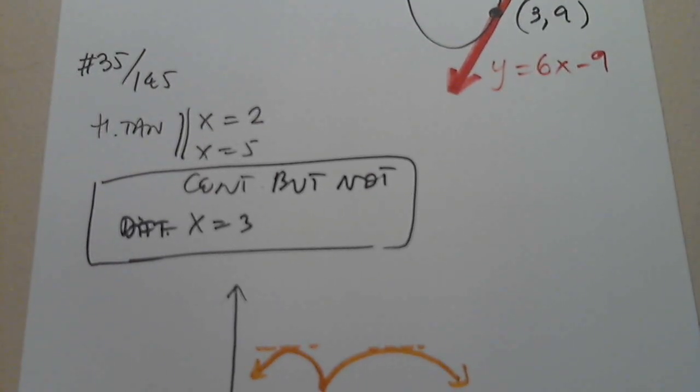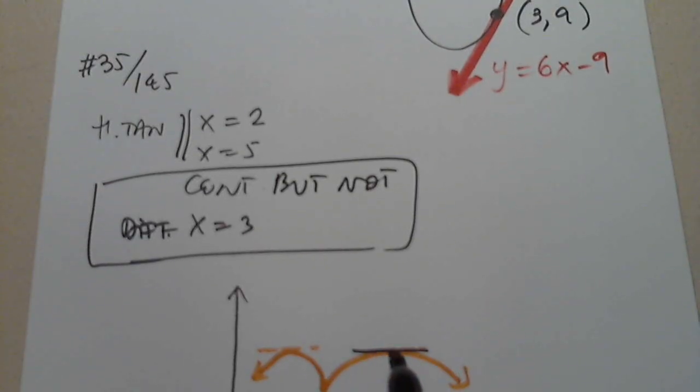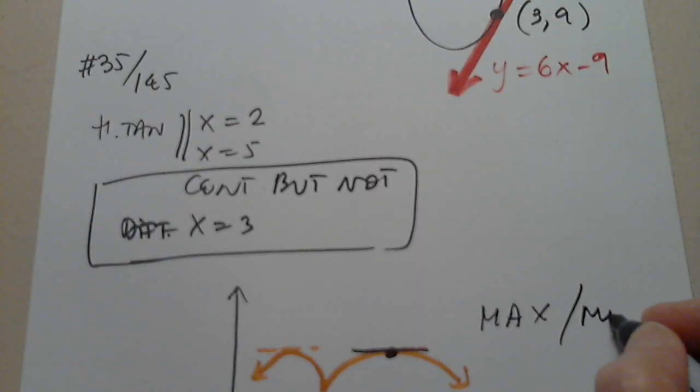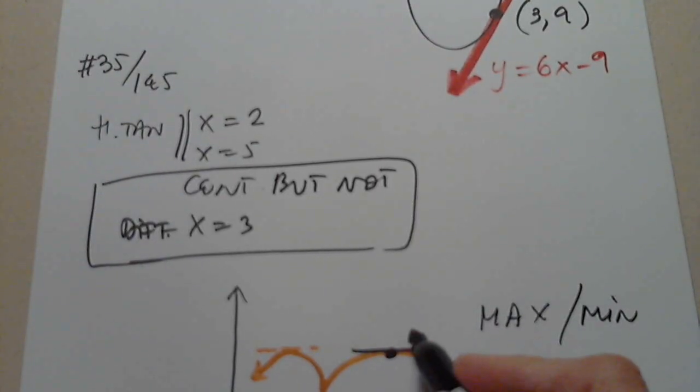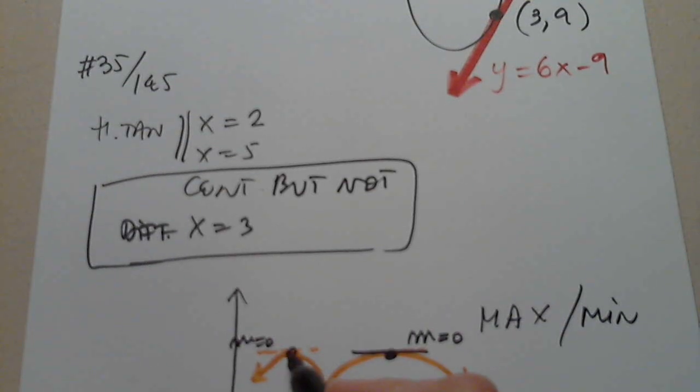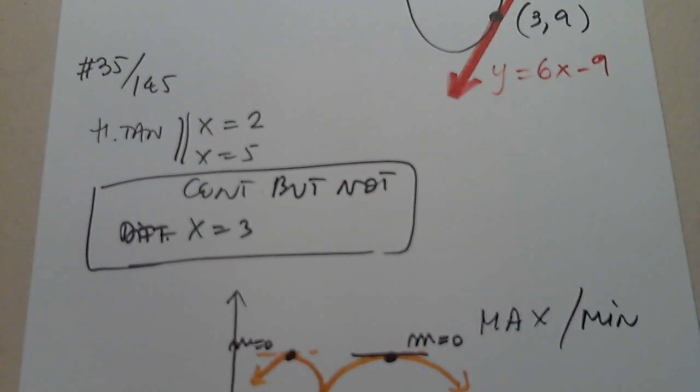A horizontal tangent means the function either has a max or a min. So the slope here is 0. The slope here is 0. As you see, I graphed a function with a max at 2 and a max at 5.